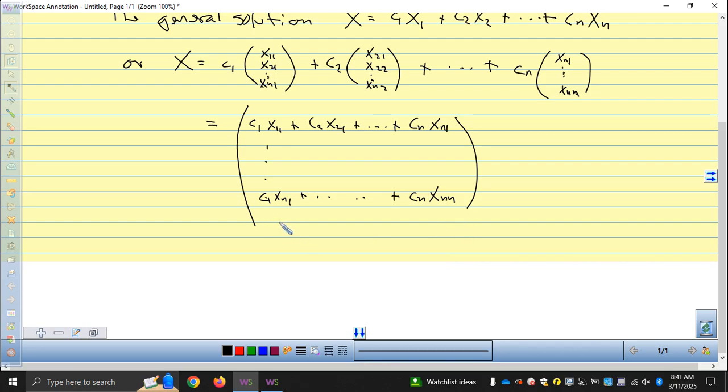And this should be 1n. The first row, nth column should be 1n, and this is the row n1. There we go.